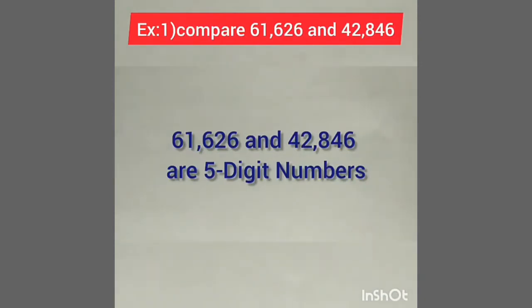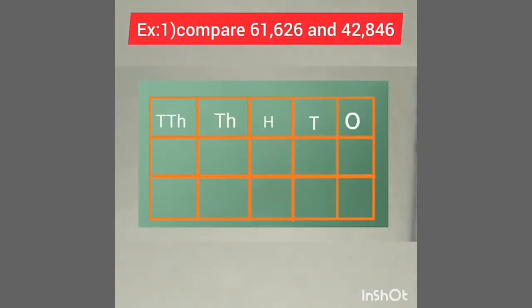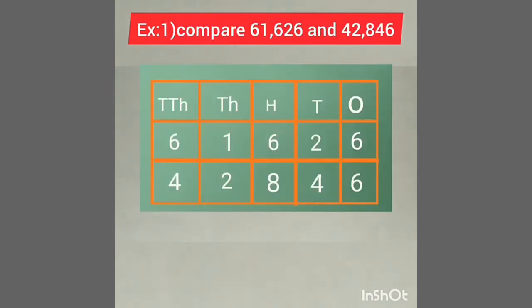So first we have to adjust these two numbers in the place value chart. Already you know the place value chart. Can you tell me the first place values? First it is ones, tens, hundreds, thousands, next 10,000s. We have to start from the left side.